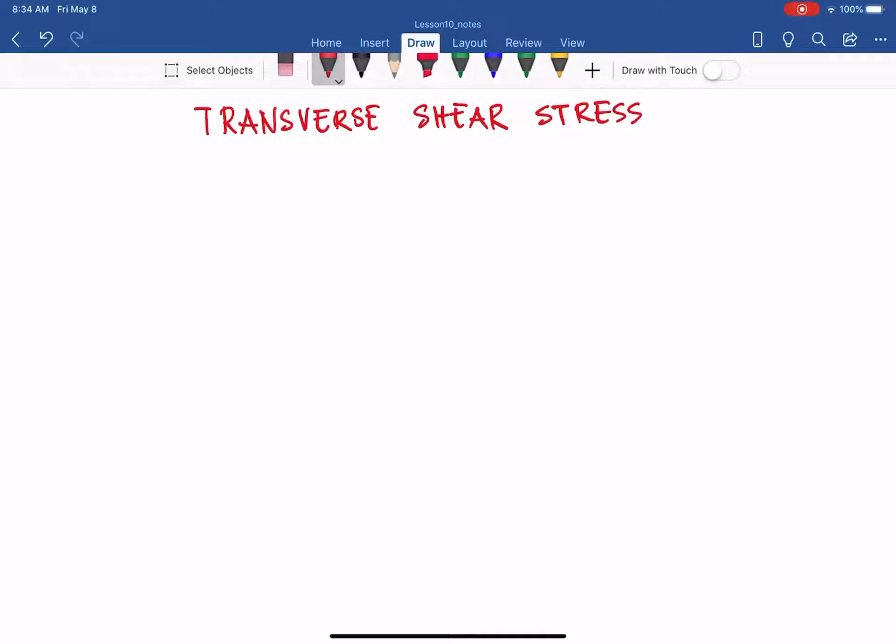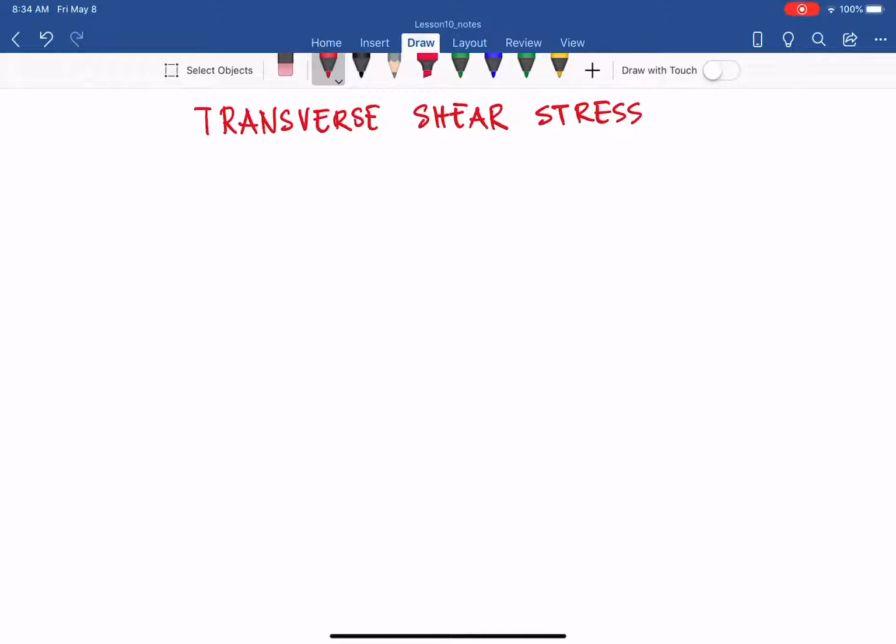We wanted to know how the bending moment creates a normal stress and how that normal stress is distributed throughout the cross section of a member. Today, we learn how the internal shear force of a beam creates a shear stress and how that is distributed throughout the cross section.